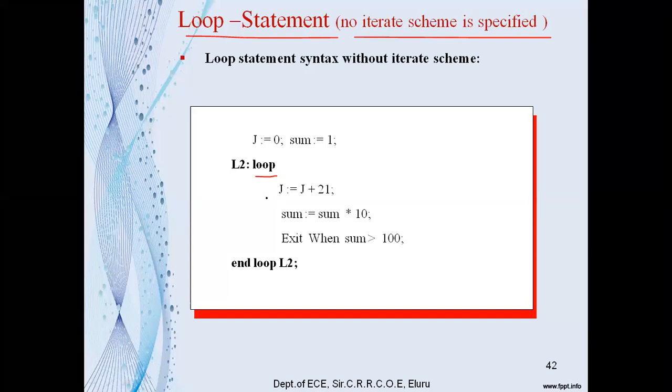The loop body is between loop and end loop. These are all the loop body statements, and these statements are repeatedly executed. So in one way we can say that the loop will be executed an infinite number of times.